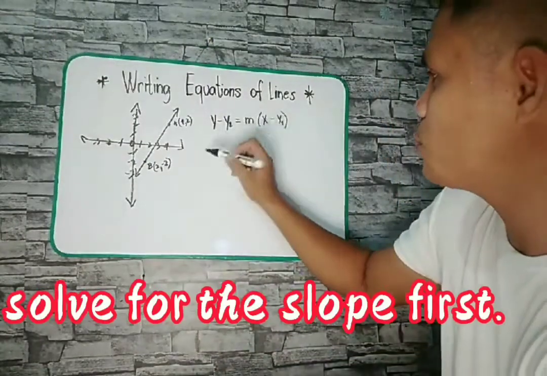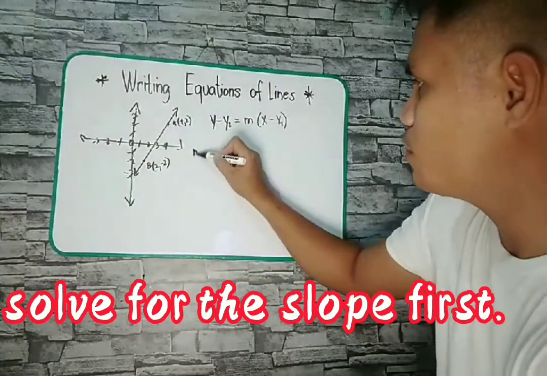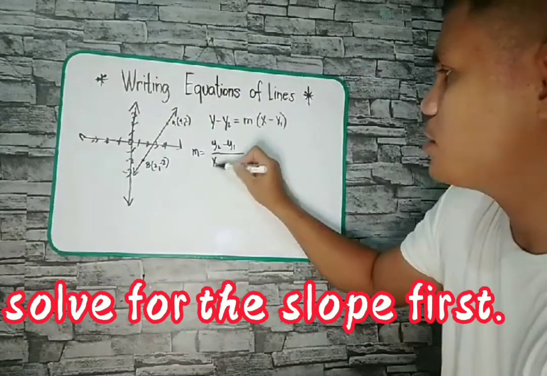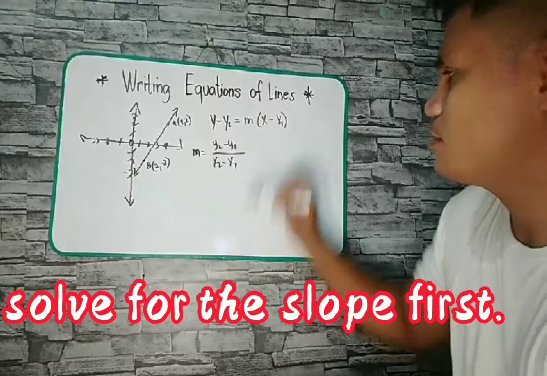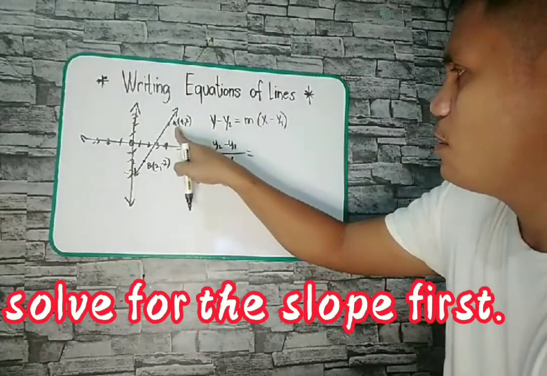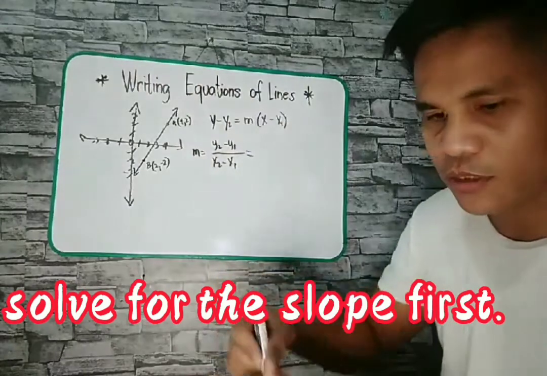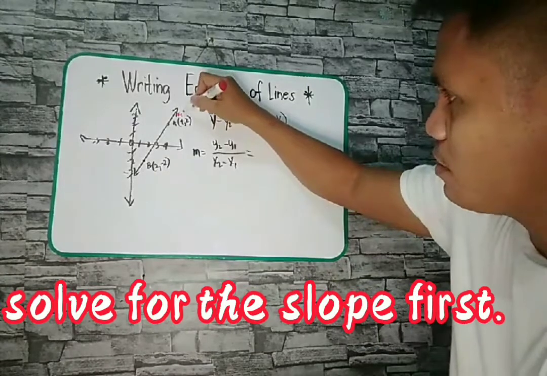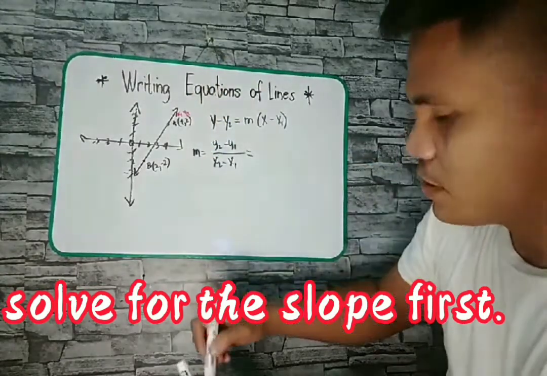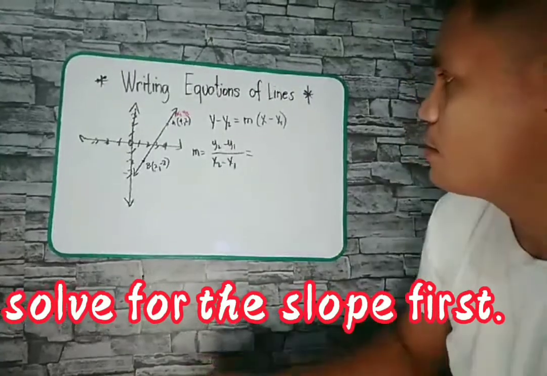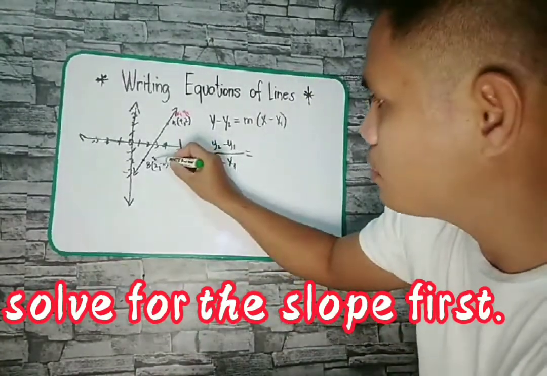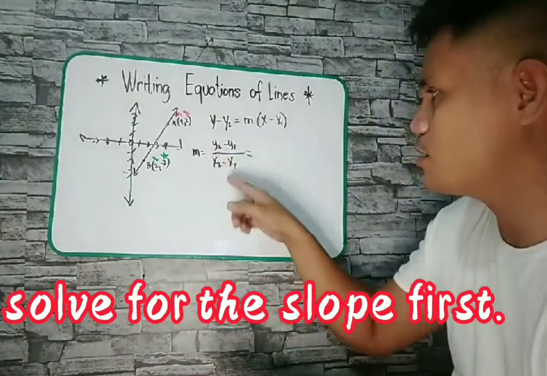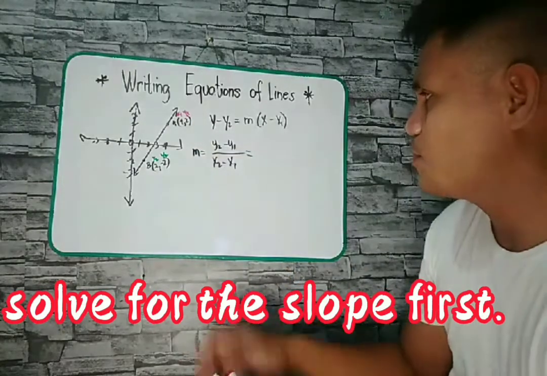Okay, so what is the slope for these two points? Of course, we have to use the formula for slope. We have y2 minus y1 over x2 minus x1. Suppose this is our x1 and y1, I'll be using a red pencil, and this is our x2 and y2. Let's just substitute the given values for each variable.